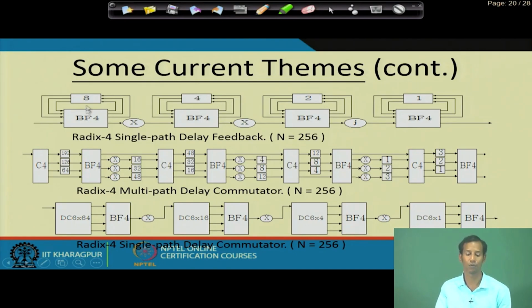So it has to wait for 8 plus 4 plus 2 plus 1, a total of 15 cycles to compute the whole task. But in case of only serial implementation, it has to run for log 4 base 2 to the power 56.